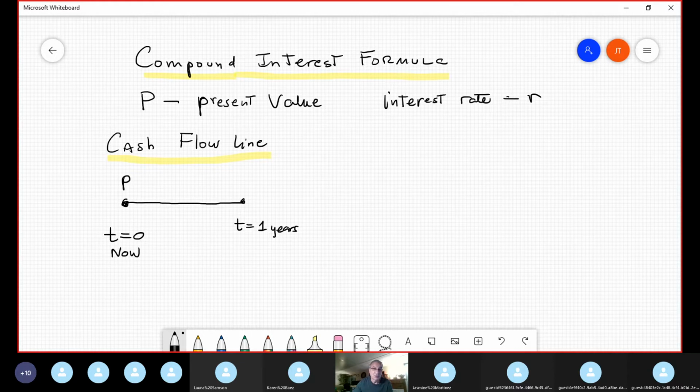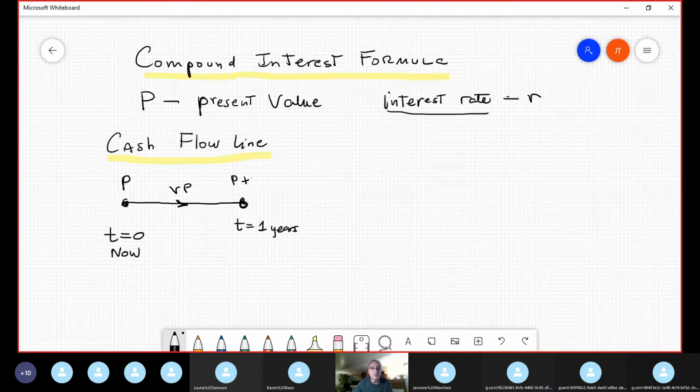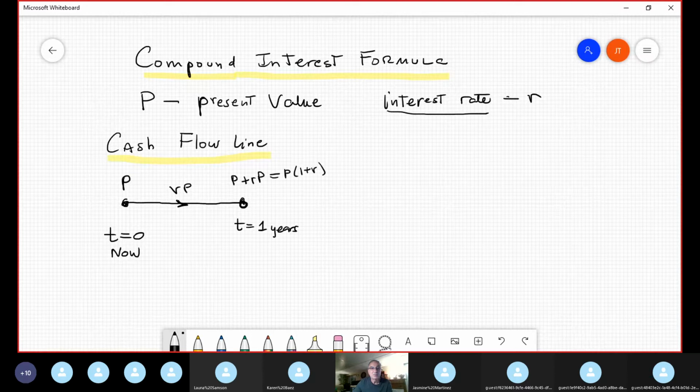So now, throughout this line, the money is increasing using the interest rate. It's R, so it's RP. The total money that we have at this point is P plus RP, because it's the initial money plus interest gain. And this is P(1 + R). In the second year, t equal 2 years, we have again the R, but R multiplied by this money.